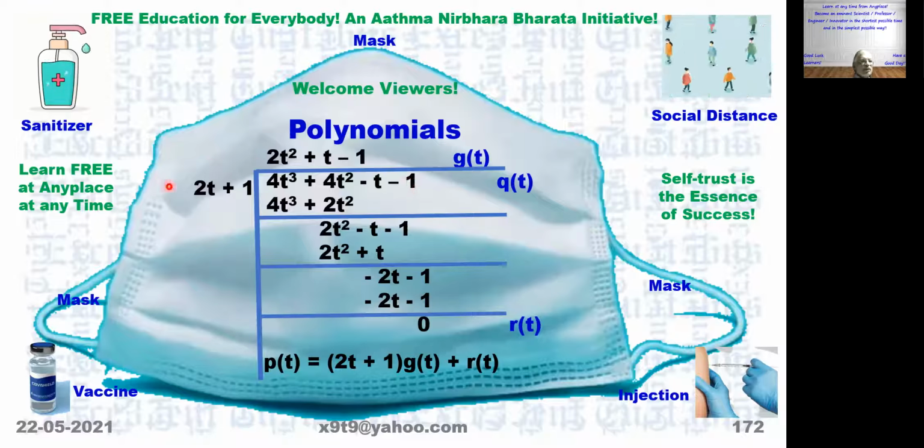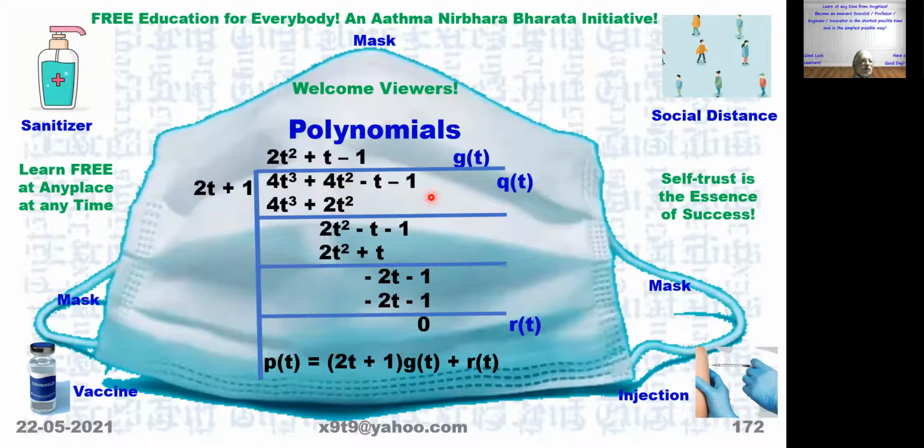When 2t plus 1 and 2t square plus t minus 1 are equated to 0, they are called the zeros of the polynomial 4t cube plus 4t square minus t minus 1.